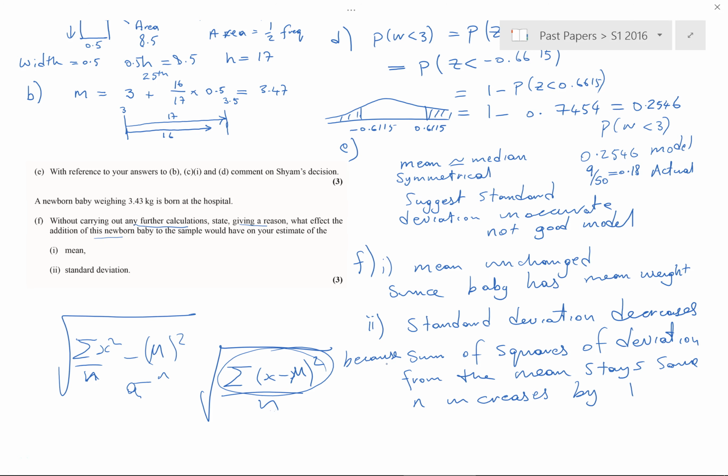The mark scheme says: standard deviation will decrease. Extra value is at centre, so data more concentrated. Yeah, okay. So the data is more concentrated because you've got one more right in the centre. They would accept that too. But what I've said is fine. It's going to get the marks because it gets the idea across of why.